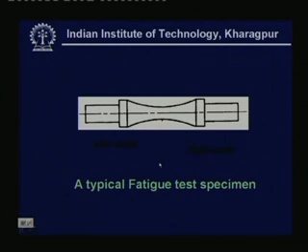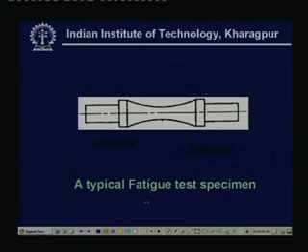Now, this particular specimen, what is being done is that you can make an experimental setup. I am just showing you a schematic idea, a schematic view of this one.